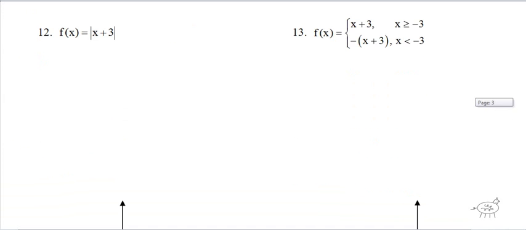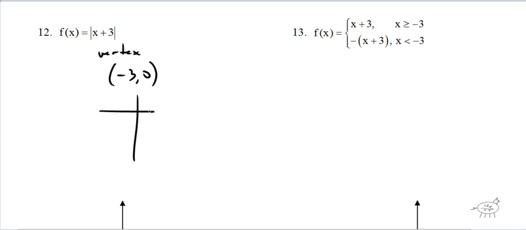Okay. Number 12, easy function. Vertex is going to be negative 3 comma 0. And then again, if I pick a point on either side, negative 4 and negative 2: negative 4 plus 3 is negative 1, absolute value is 1. Negative 2 plus 3 is 1, absolute value is 1.